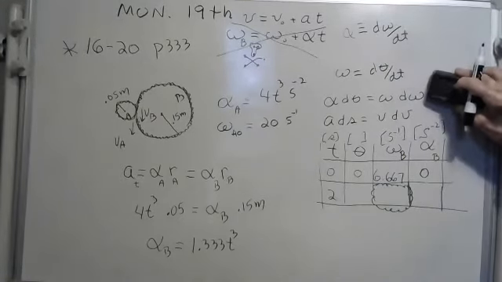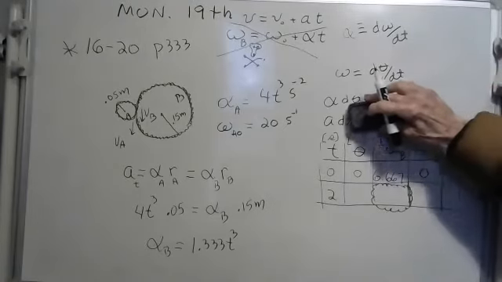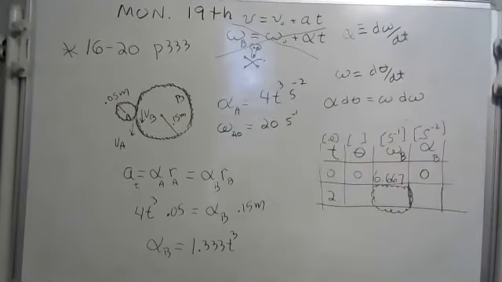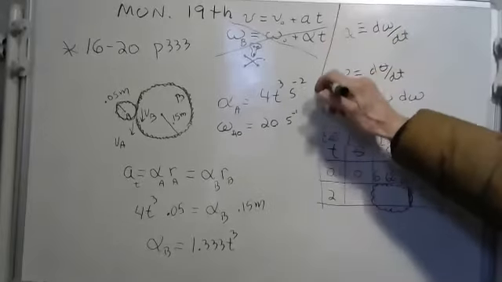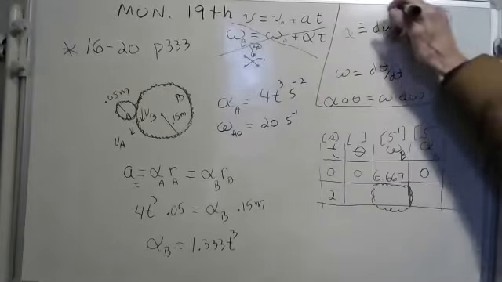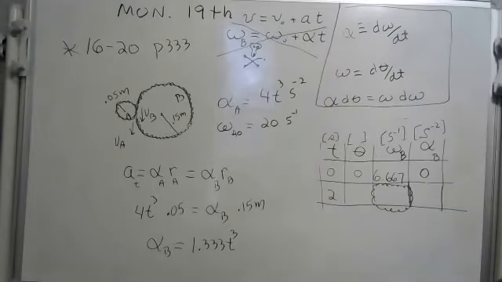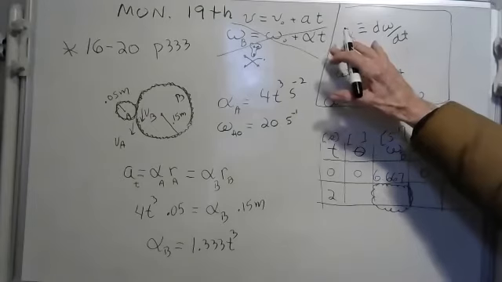Those are our three equations right there. We need one of these equations. And if you're trying to find the angular velocity of B, I wonder which one we would use. I like this one. Let's do that one.